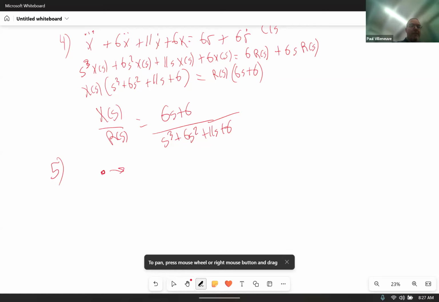I have F applied in this direction. I have the K1 force in that direction. The force is associated with the position, how much that spring is being elongated. So that's times x, because x is our position as shown on the figure.